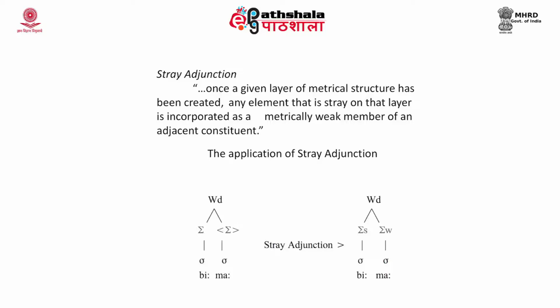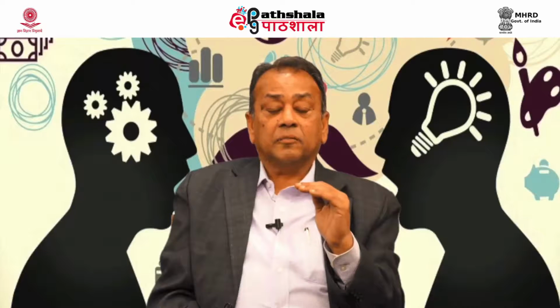Now what happens to syllables that are marked extrametrical in the course of the derivation? It is assumed that if at a certain metrical level, a segment or a foot or a syllable is marked extrametrical, then it is considered to be stray at that level.